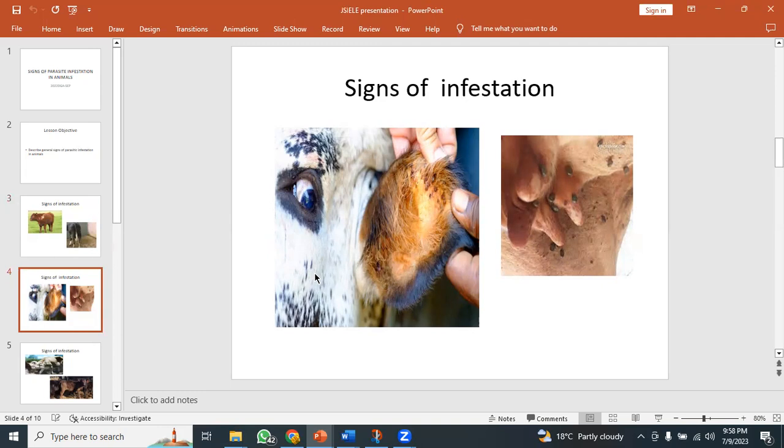There are ticks. Yes, both pictures show the parasite itself on the surface of the skin. The first one is on the ear of the animal. And which part of the body is the second picture? The udder. The udder. Thank you.